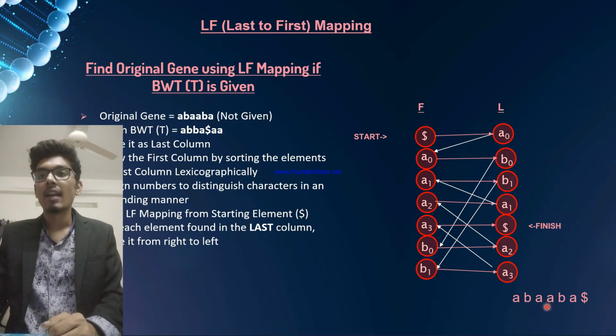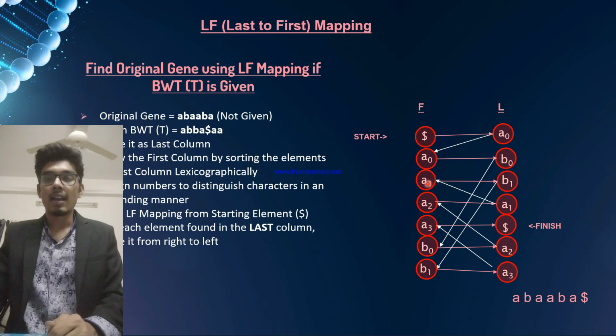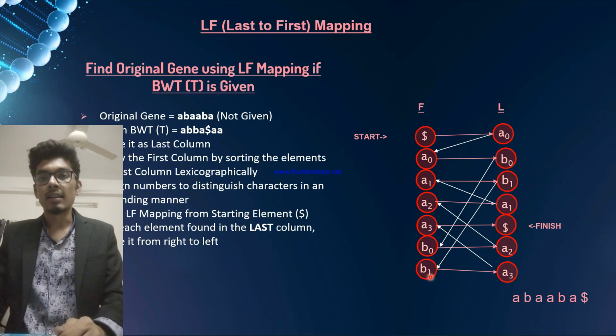Here is A, and then the similar A2 is here, and the horizontally pointed letter is A1, and here is A1. Then the similar A1 is here, and it points at B1, so here is B. Then the similar B1 is here, and the B horizontally points at A3, and here is A.